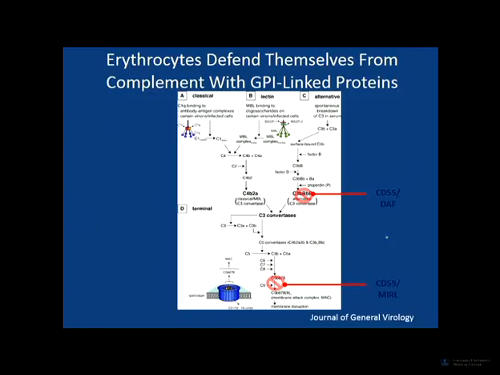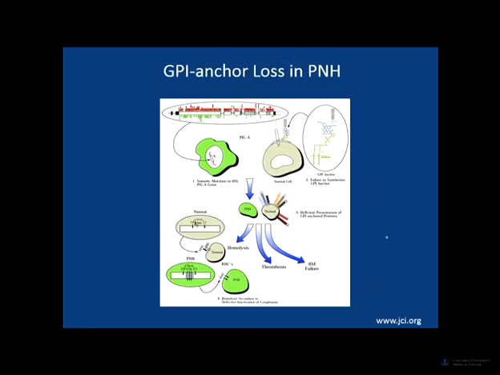And so they lose these proteins not because they're born without them, but because they acquire a mutation that makes them lose the GPI anchor, this linker which attaches these proteins to the red blood cell plasma membrane. You're not born with this. For some reason in life, you get a somatic mutation, which means a mutation that's not from birth, that's acquired, in a gene called PIG-A.